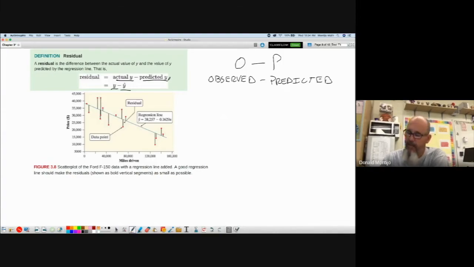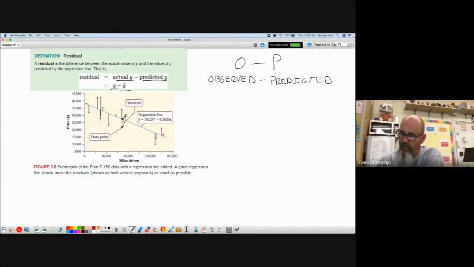And they've been mapped out here for us on this graph. You can see, for example, at 75,000, the truck actually sold for around $21,000. But our model predicted that it was going to sell around $27,000. Okay.